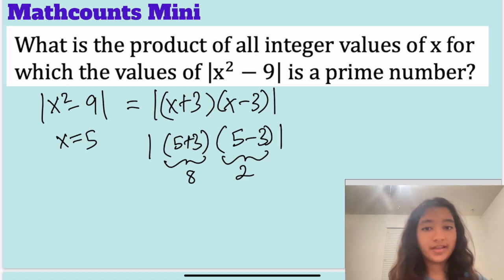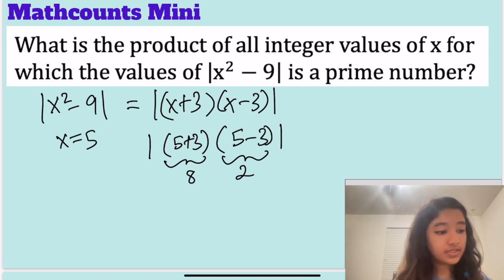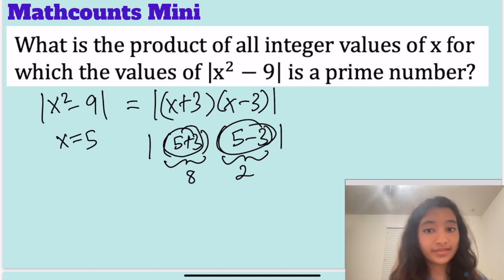However, if we're multiplying 8 times 2, that's a composite number, because we know that in order for a number to be prime, its only factors are 1 and itself. So we see that if both of these factors, x plus 3 and x minus 3, are both not equal to 1 or -1, then there will be two numbers that will multiply to a composite number.